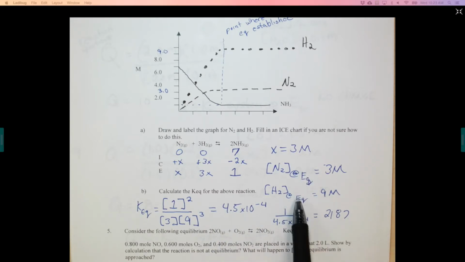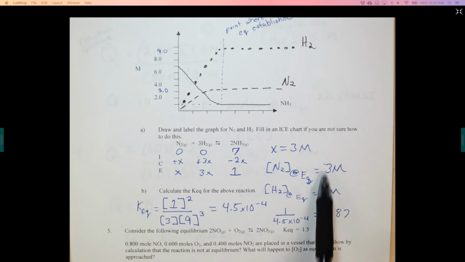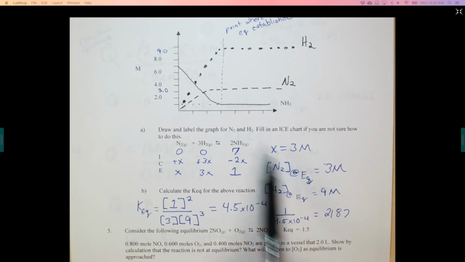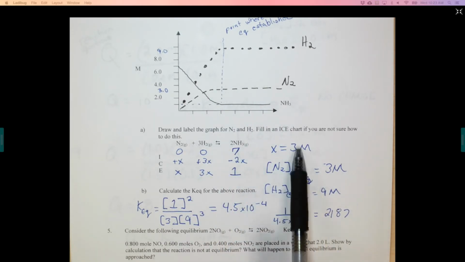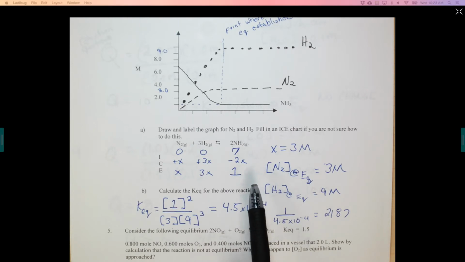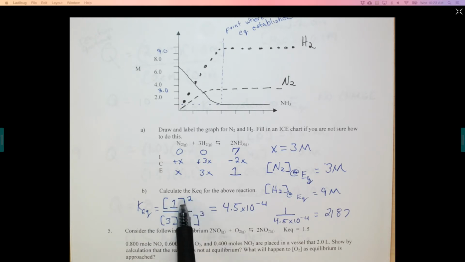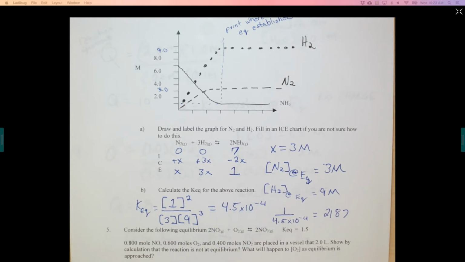It makes sense if you look at the concentrations of the two reactants, which are higher than the concentration of the products. I have written this Keq as product over reactant, and that's why we have this value. So for the above reaction, we should have more reactants than products, and we see that.